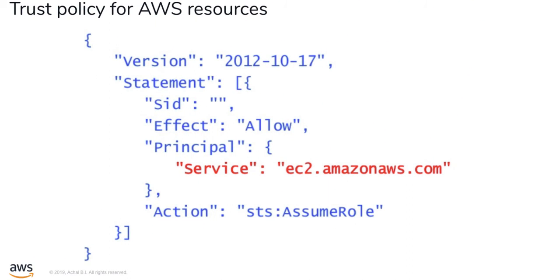So let's see how we can trust the policies for AWS resources. The first thing we need to check when we are trusting a policy for an AWS resource is the principal, and we see what services it is allowing. Basically here, we have STS assume role.